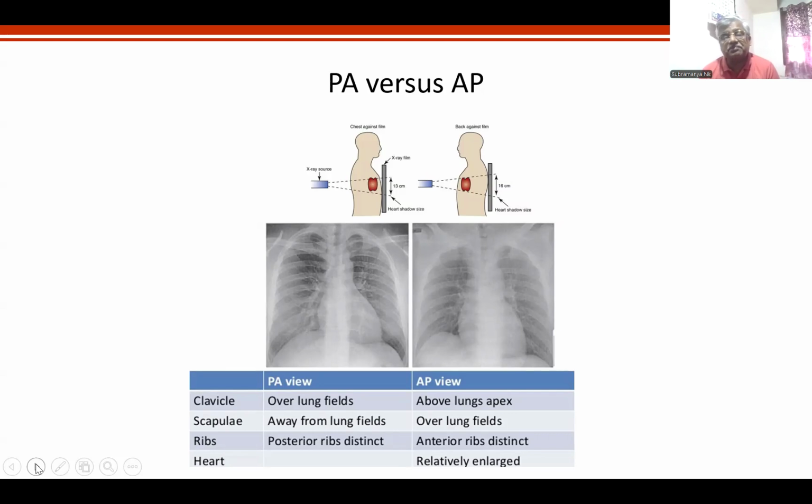Now, what happens in a PA? In a PA, the X-ray source, can you see the image here? The X-ray source is 6 feet or 8 feet away, and X-rays are parallel. So when you have a source of the X-ray away from you, it is parallel. You remember the bullet injuries in forensic.